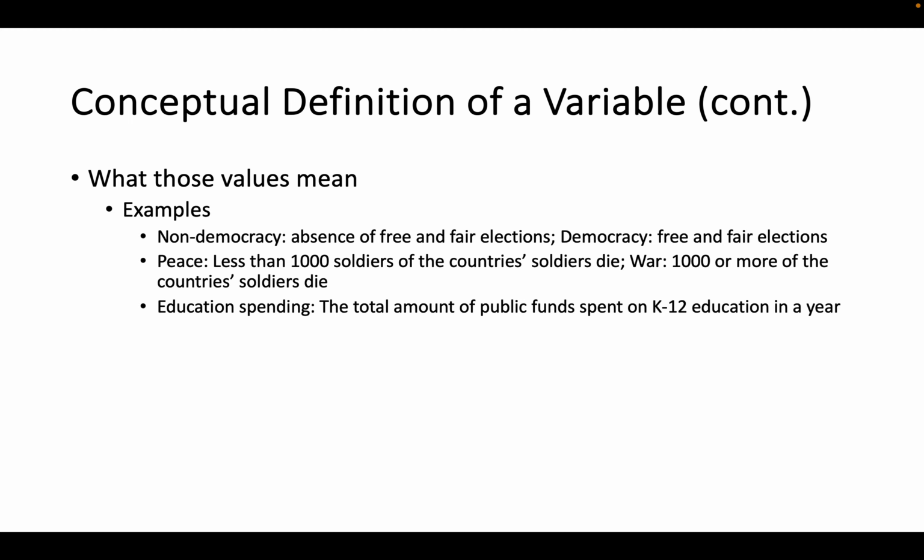And a war occurs when 1,000 or more of the country's soldiers die. So 1,000 is a real demarcation line, in other words, to define whether or not an international war is happening. Education spending is simply the total amount of public funds spent on K through 12 education in a year. So this is giving meaning to the values that we have measured for our variables, and we've given them a conceptual definition as well.